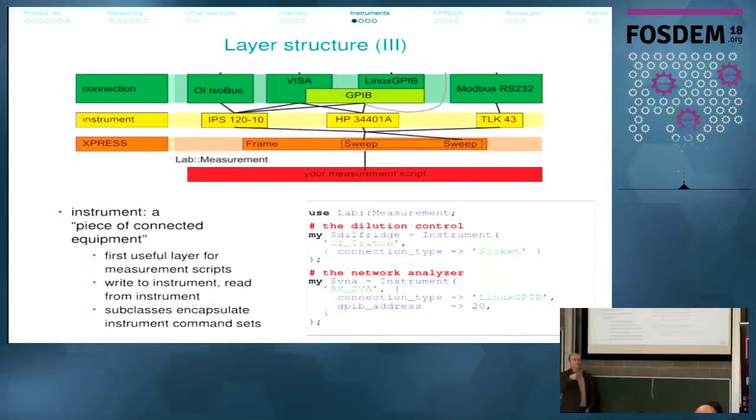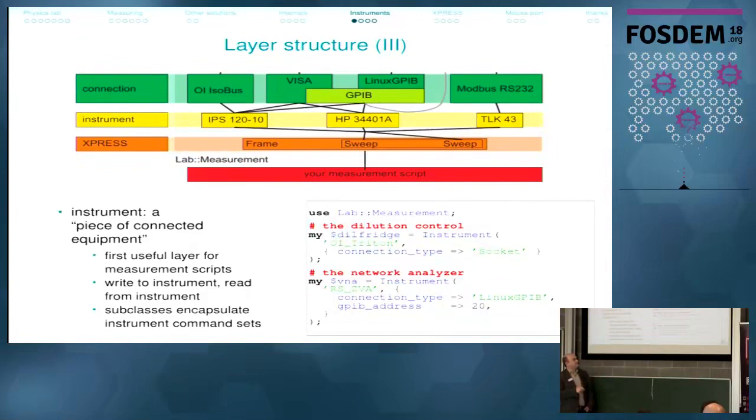And that calls up the whole underlying stack. So you get a bus of the type socket, you get a connection of the type socket. In this case, it's generated with the default parameters, like the default remote address and the default port and so on, which is in this case already adapted for this specific type of instrument.